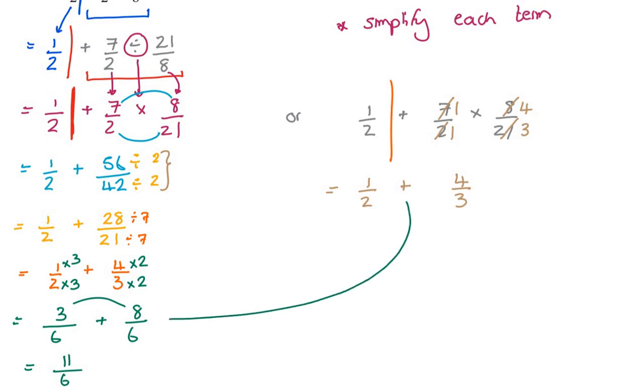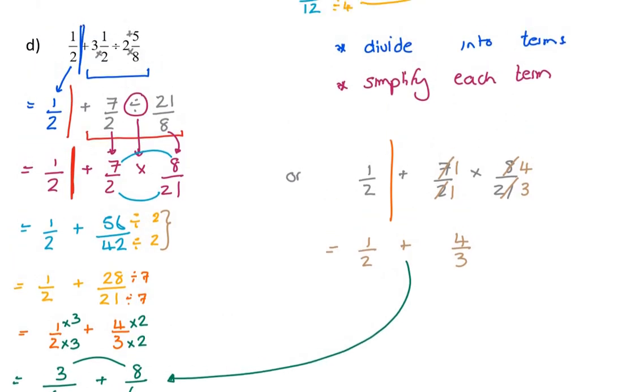So I'm just going to draw myself an arrow over there because either way I would continue with the green. Now 11 is a prime number, so 11 divided by 6 cannot simplify. And I have my answer. So this question was all about dividing into terms, simplify each term, and then add from left to right.